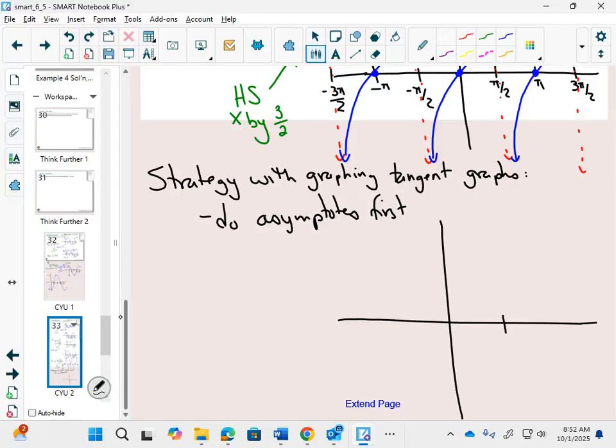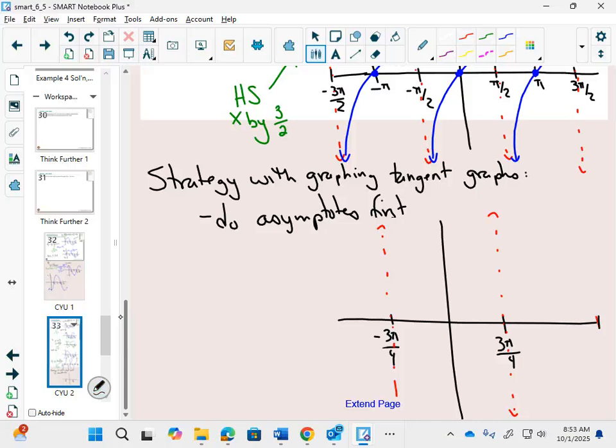I'm just going to make a mark there. Pi over 2 times 3 over 2 will become 3 pi over 4. Same thing. Negative pi over 2 multiplied by 3 over 2 will become negative 3 pi over 4. Those will be new asymptotes. In fact, I could label one more.